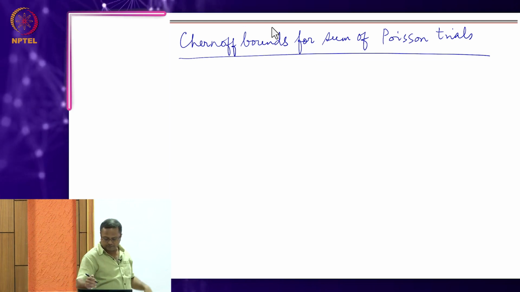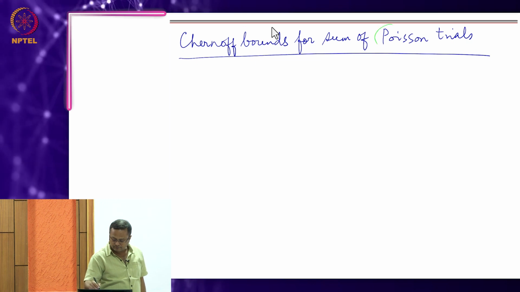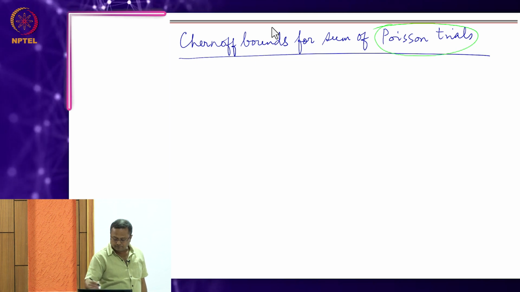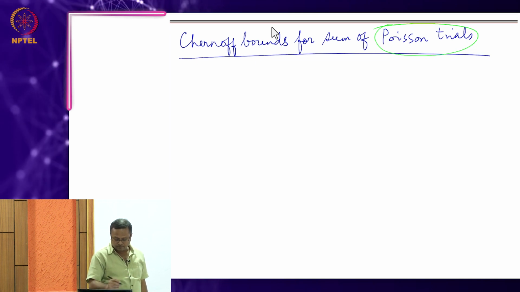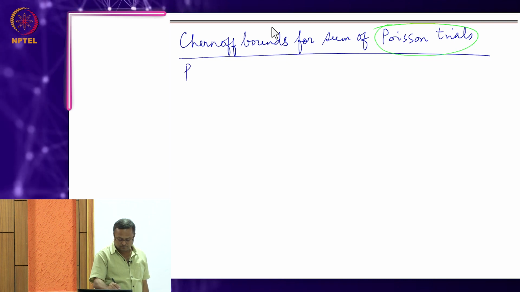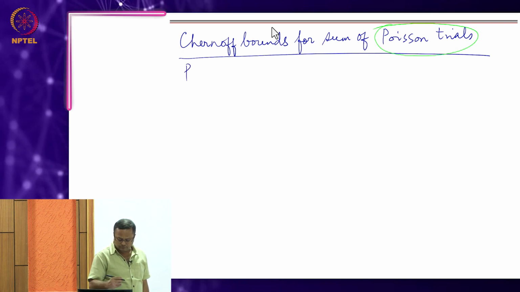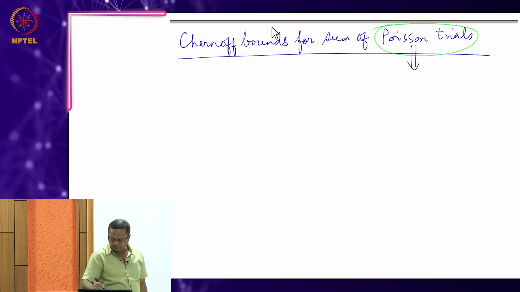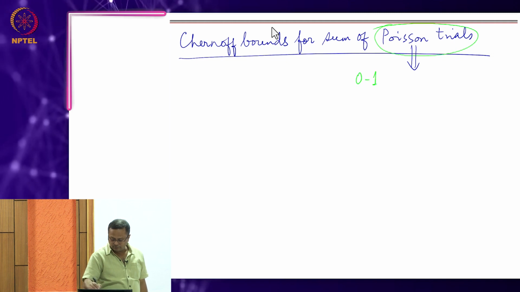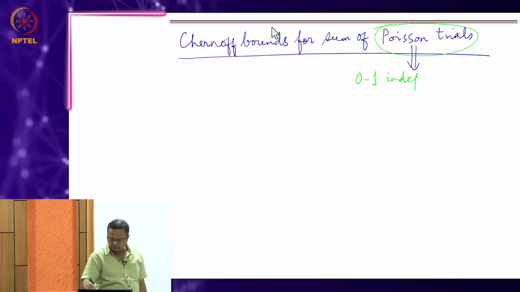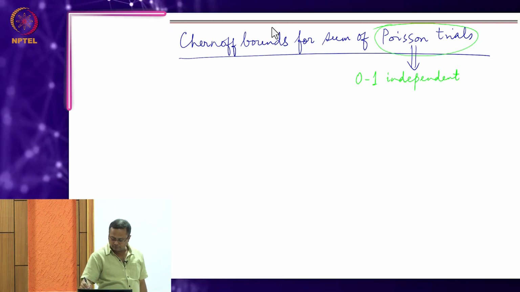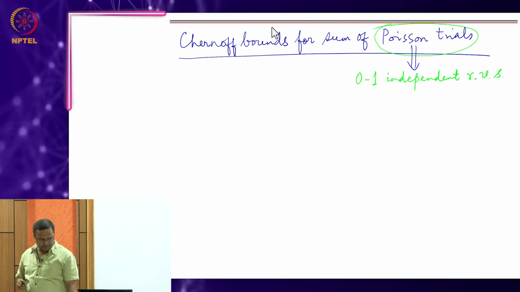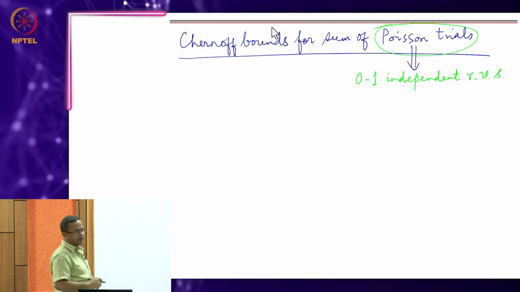So, what are Poisson trials? These are 0, 1 independent random variables.